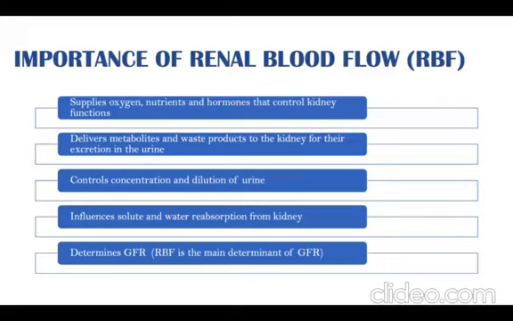Importance of renal blood flow: it supplies oxygen, nutrients, and hormones that control kidney function. Blood flow also delivers metabolites and waste products to the kidney for their excretion in the urine, controls concentration and dilution of urine, influences solute and water reabsorption, and determines glomerular filtration rate.